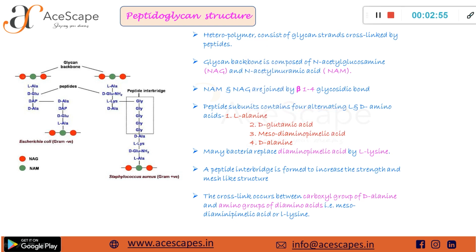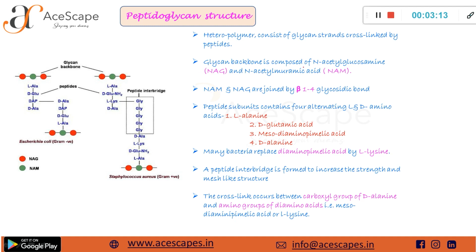Here we can see the red and green chemical structure, but it is given in a schematic diagram. These red and green units are alternating sugar molecules, that is, NAG and NAM.